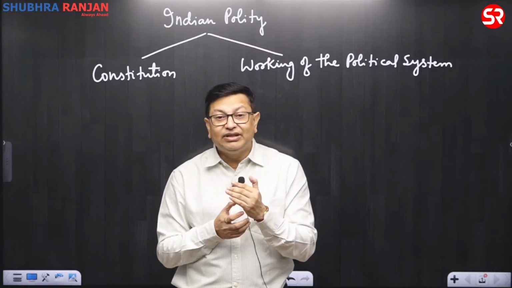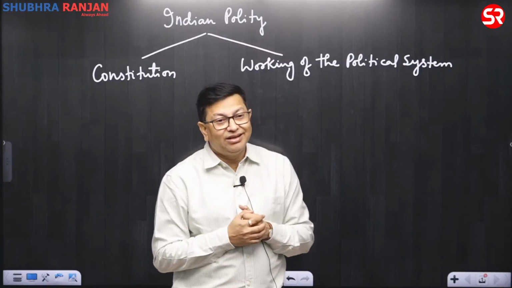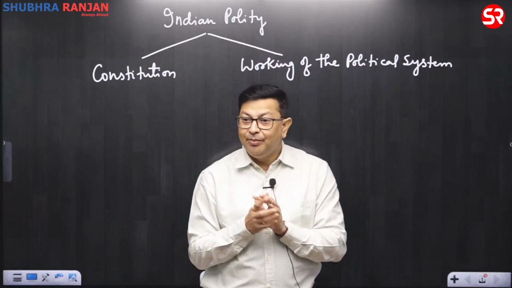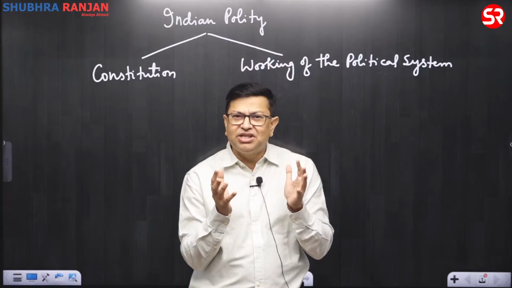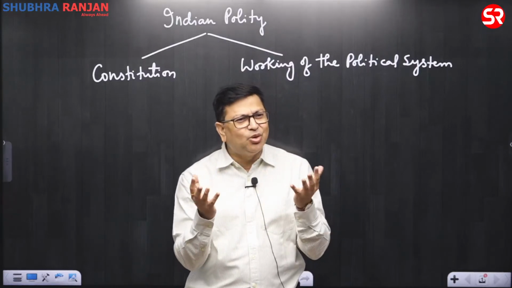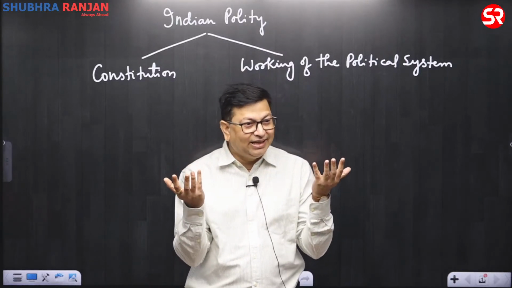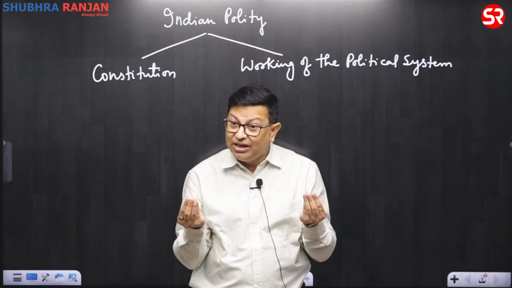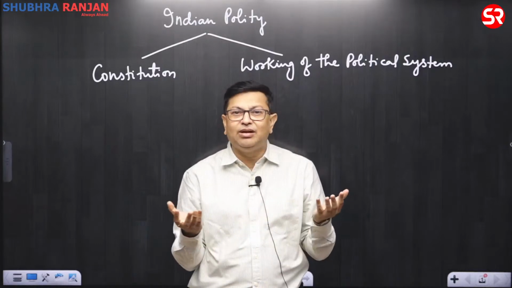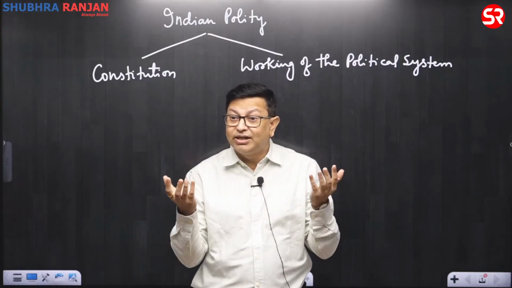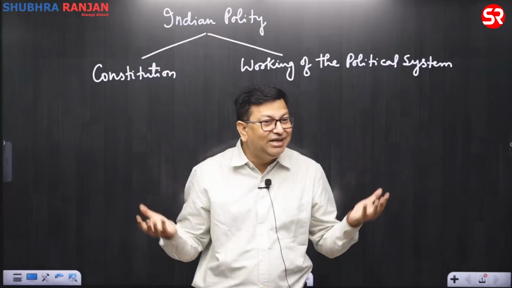Then the judicial behavior, like judicial activism and public interest litigation, and how they have changed the course of India. We can say how the Supreme Court has become the custodian of the rights of the people, and the protector of the environment in India.